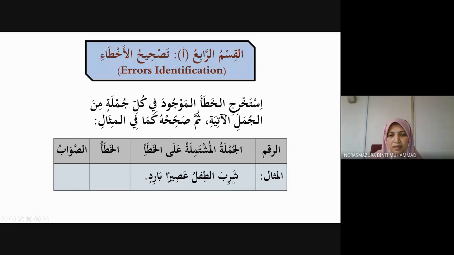For example, this sentence: shariba at-tiflu asiran baridin. The wrong one here is baridin. So the correct one is baridan. Like this. Faham?